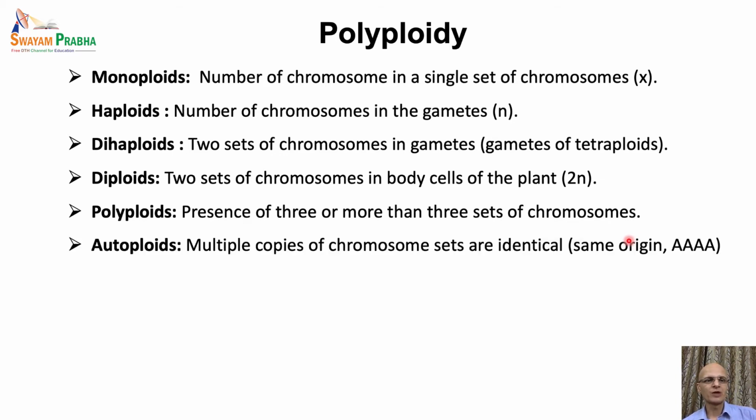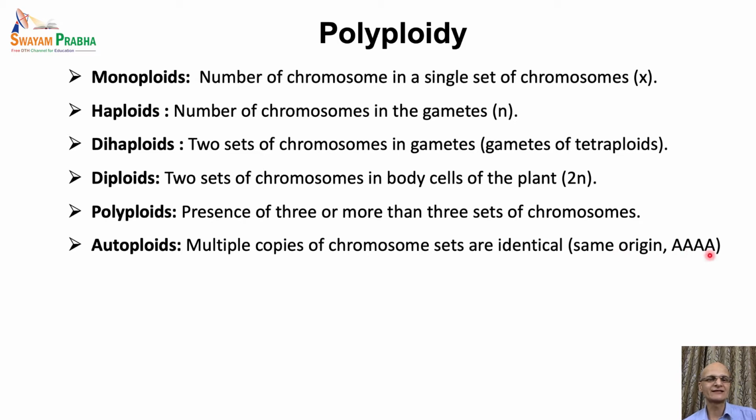Now, polyploids may be autoploids. It's another term associated with the polyploids. So this is a form of polyploidy where all the chromosome sets of the body cells are identical or the same, or basically they originate from the same species, like AAAA.